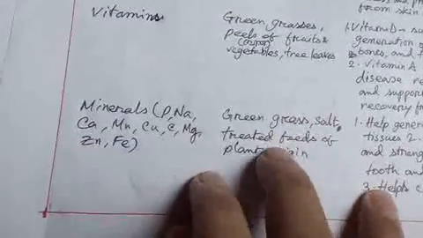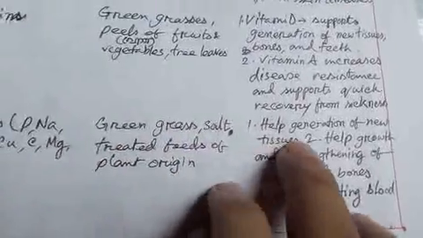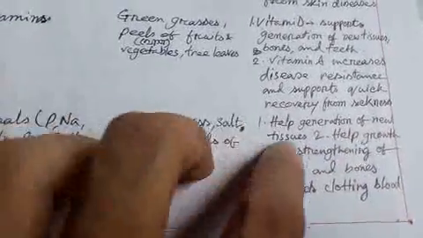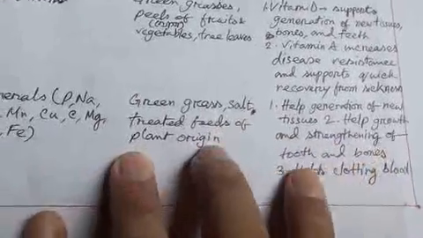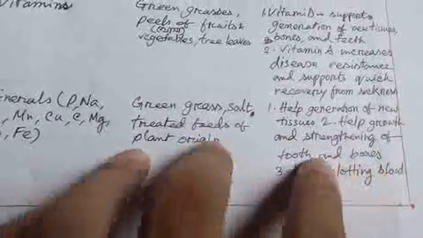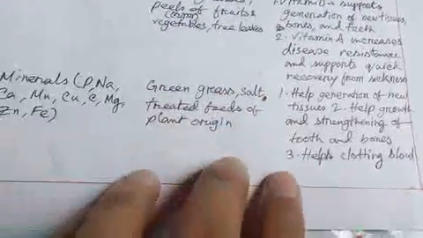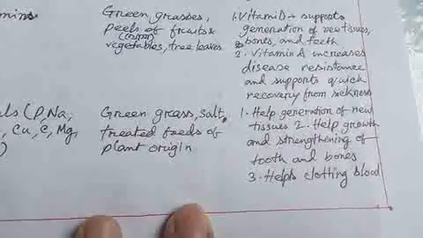So what are the functions? Help generation of new tissues, that is generating new tissues. Okay, and help growth and strengthening of tooth and bones for animals. Okay, helps clotting blood also.